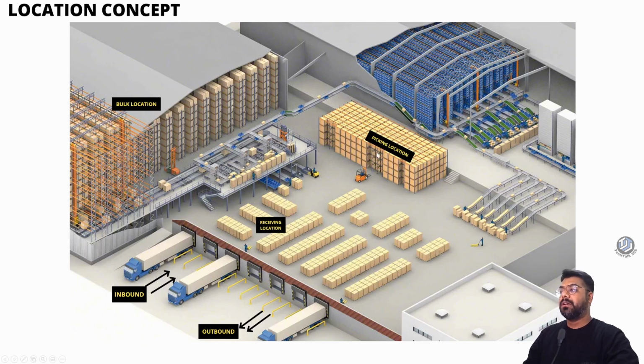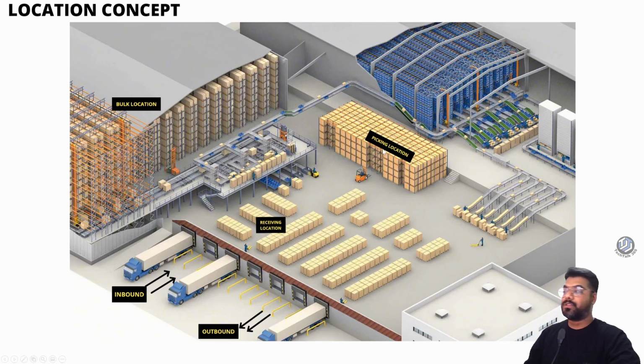There could be multiple scenarios where you pick directly from the picking area and put it in the door bay, that is the loading area or outbound area, and then it goes out to the customer.